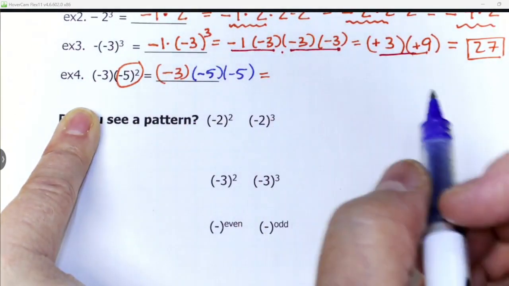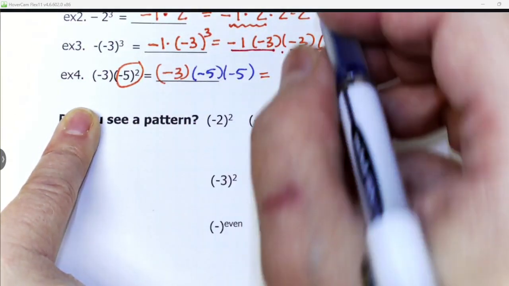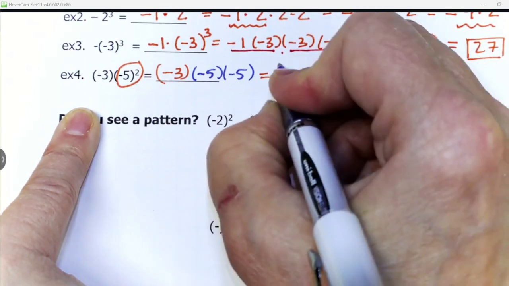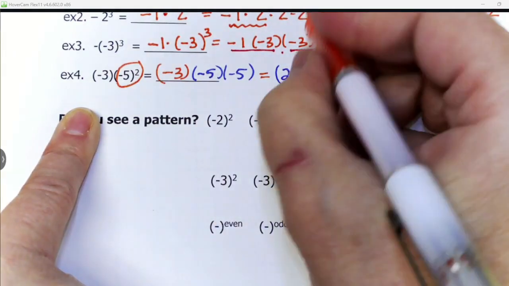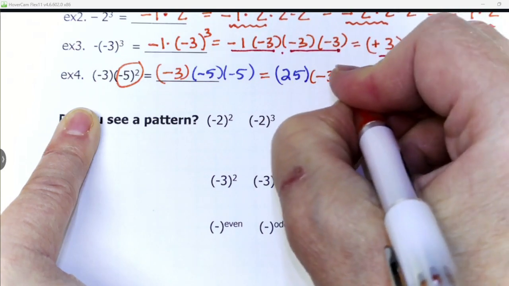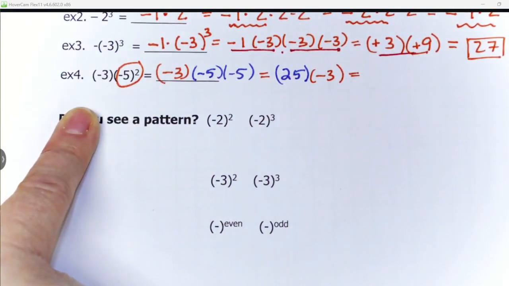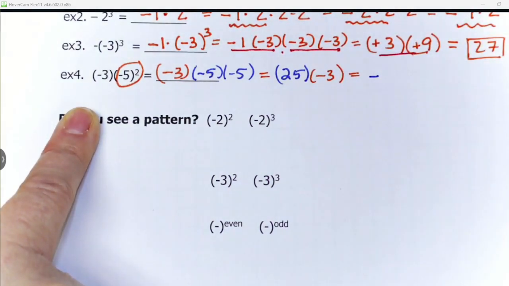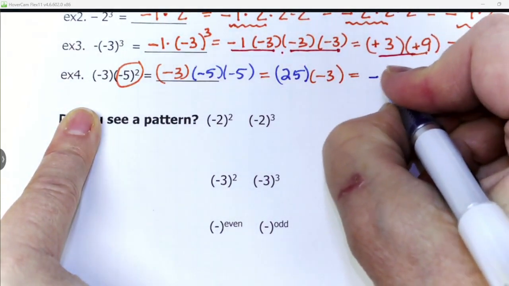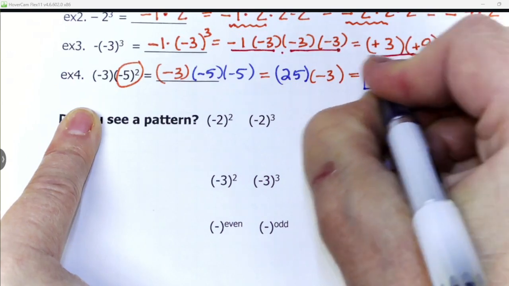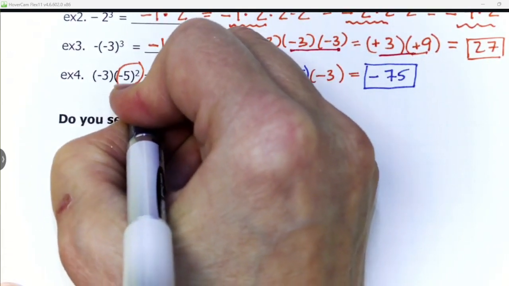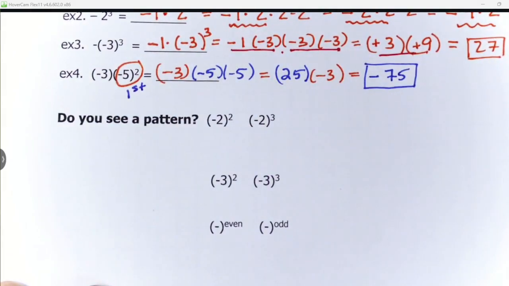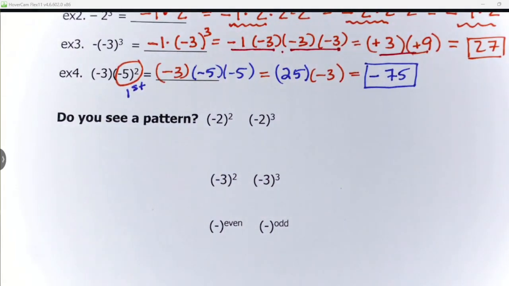Well, a negative times a negative is a positive. 5 times 5 is 25. I've done the exponent. Bring over the negative 3. Now I multiply those. A positive times a negative is a negative, and 25 times 3 is 75. So you got to first do exponent and then multiply. That's your order of operations.